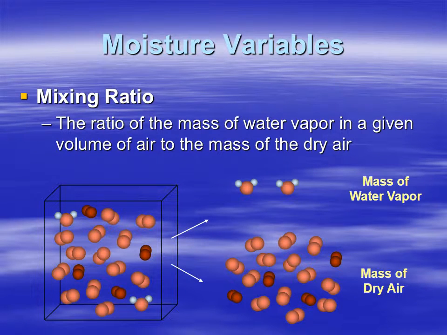Mixing ratio is very similar to specific humidity. The only difference is, instead of looking at the total mass of air, we pull the water vapor molecules out of the air, and we divide the mass of water vapor by the mass of dry air. So it's a little bit different. In specific humidity, it was the total mass of air, not just the mass of dry air.